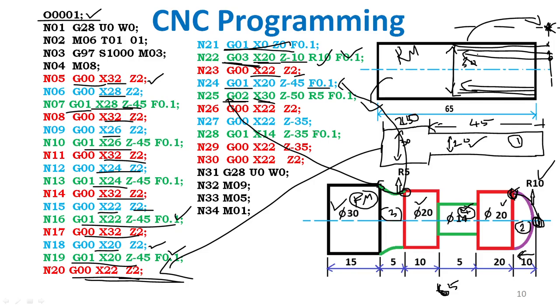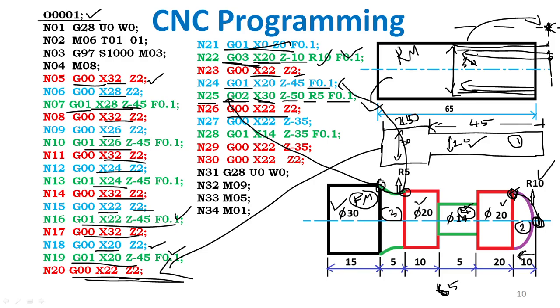X is 30, Z is minus 50. This point is Z minus 50. It starts here and completes here, this line. N24 is this point, then N25 line goes here and ends. So X is 30, Z minus 50, we give radius R5, feed rate 0.1. So this operation completes.